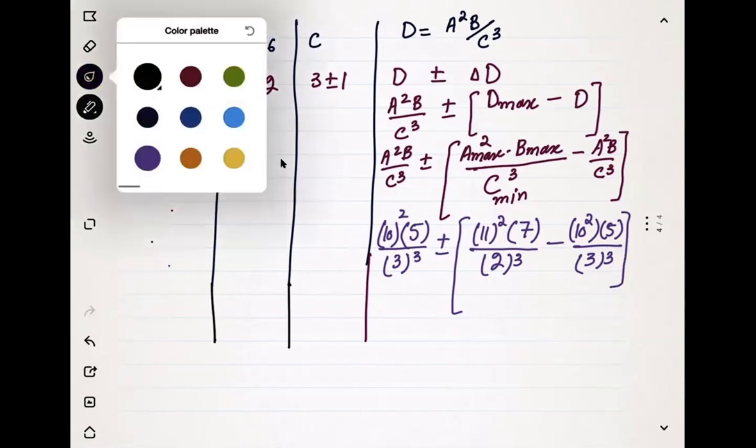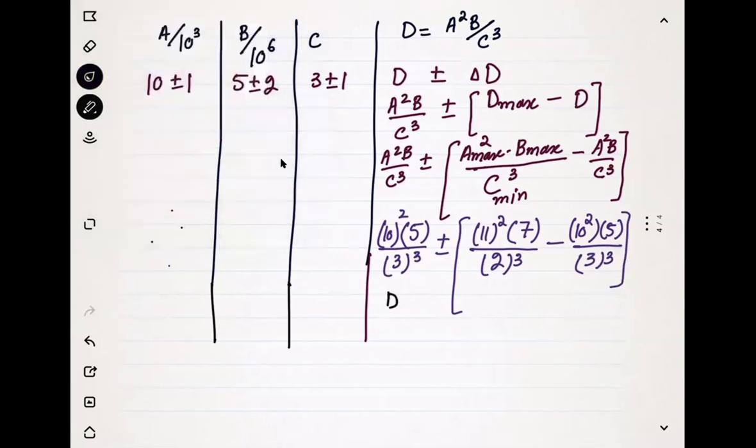Now this is D and this is delta D. So by this method we can fill the table. So this B part is about filling in the table.